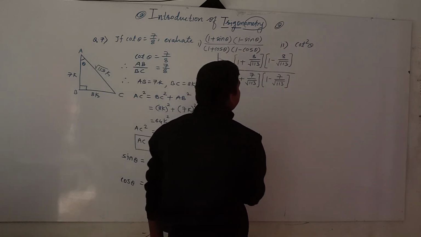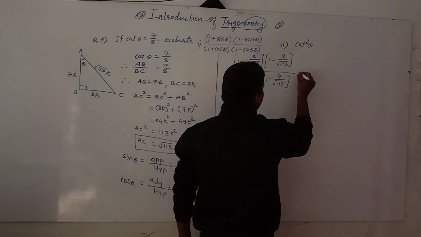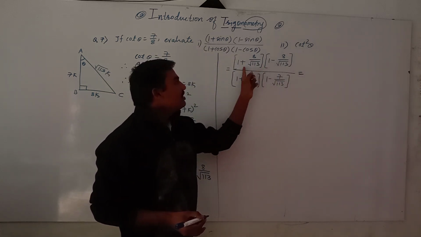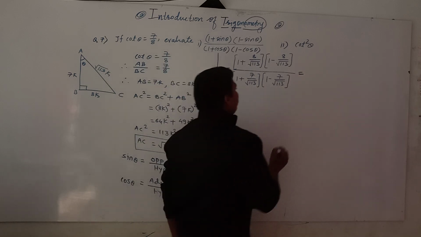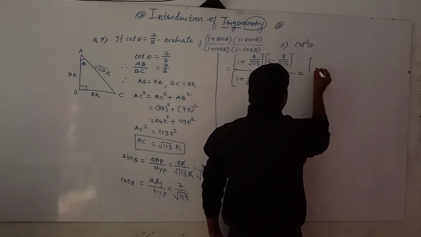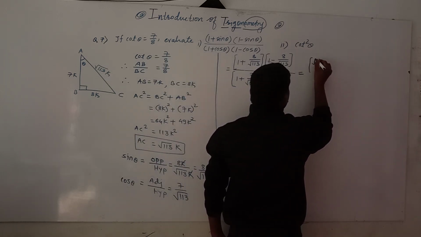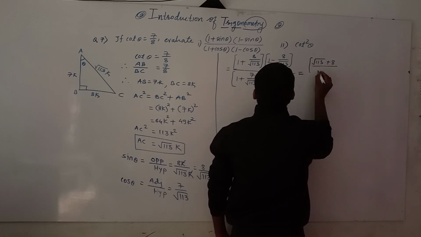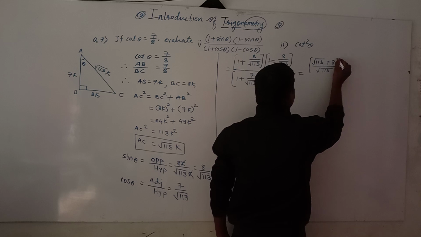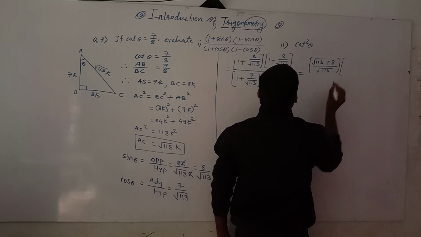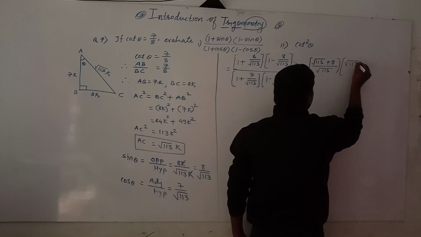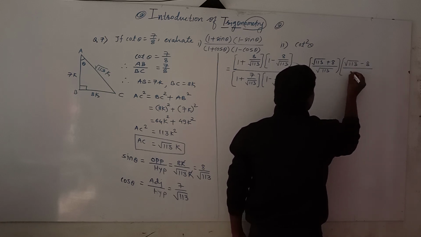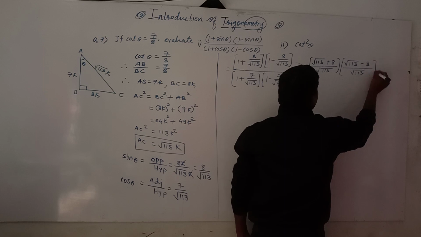Here I do the addition: under root 113 plus 8 upon under root 113, and under root 113 minus 8 upon under root 113.